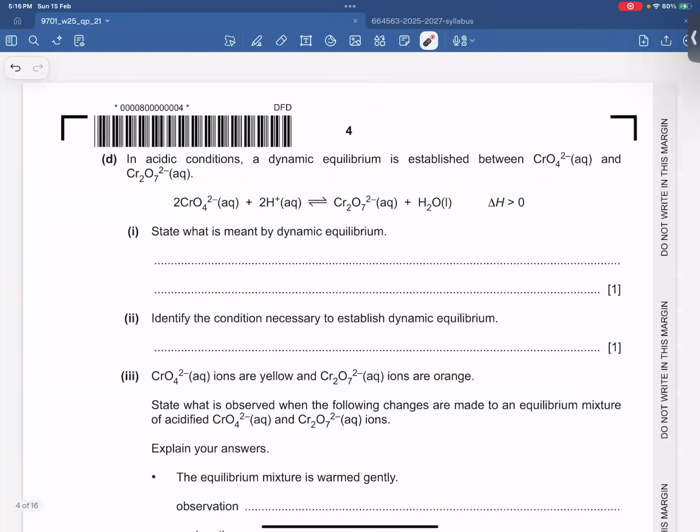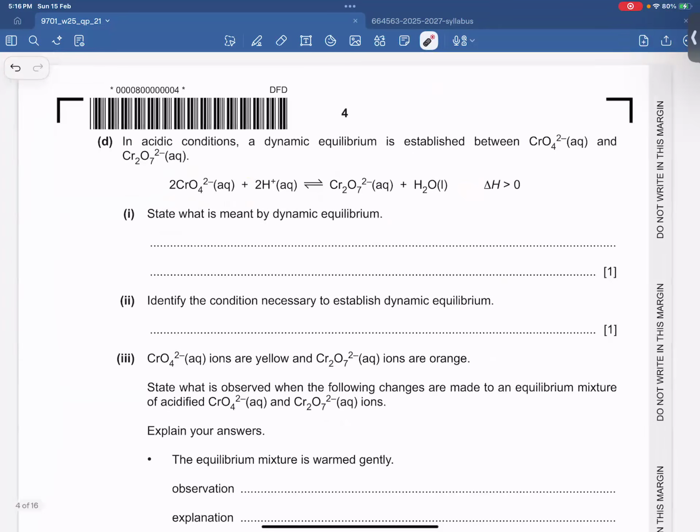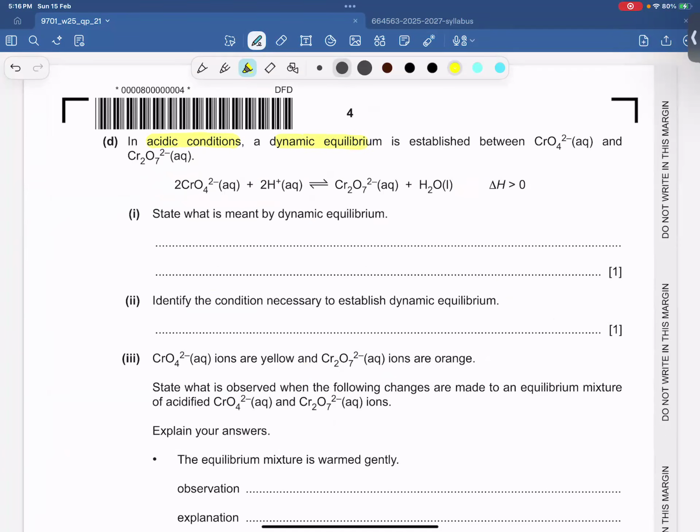Next part of the question. In acidic medium, dynamic equilibrium is established between chromate 6 ions and dichromate 6 ions. By the way, we have done this equation in class. Chromate 6 ions have a yellow color and dichromate 6 ions have an orange color.